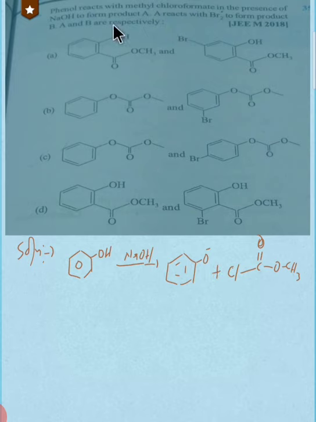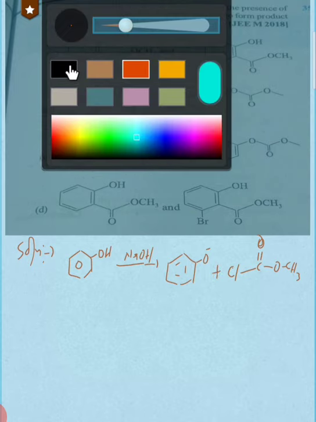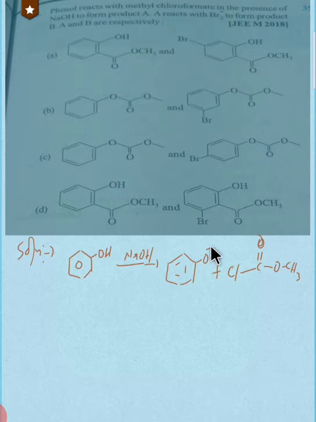So, let me change the color again. When this phenoxide ion attacks this carbon atom, this pi bond is broken and again returns to remove this Cl, like this. So we will have this product.